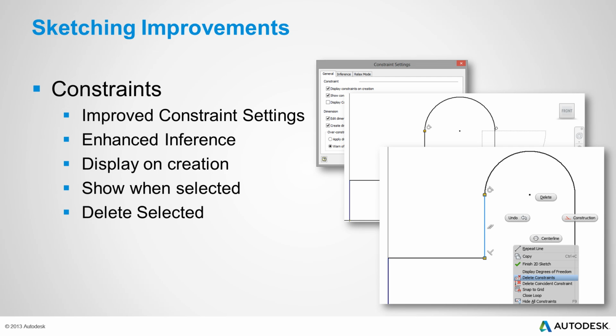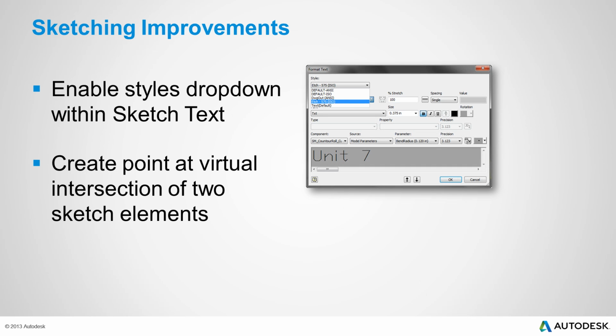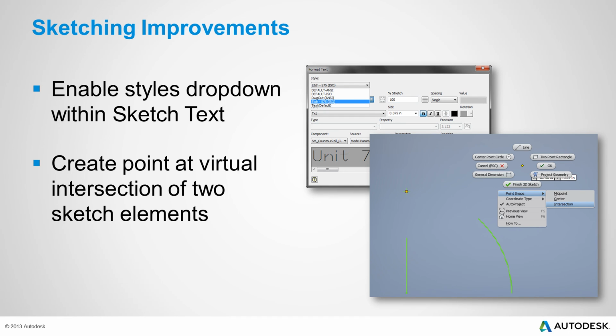For example, directly from the right-click menu, we can delete constraints, as well as isolating coincident constraints and deleting those. Access to styles is now implemented within the sketch text functionality, and the inferencing environment itself has become significantly more user-friendly with the ability to snap to virtual intersections.